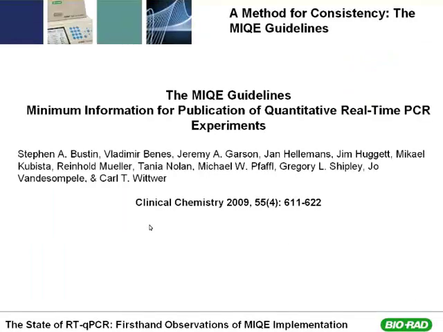First of all, just a primer. The MIQE guidelines were published in Clinical Chemistry in 2009, and they were published by the very notable authors that you see in front of you here. The reason why this paper was published was to provide a method for consistency in publishing data for qPCR.